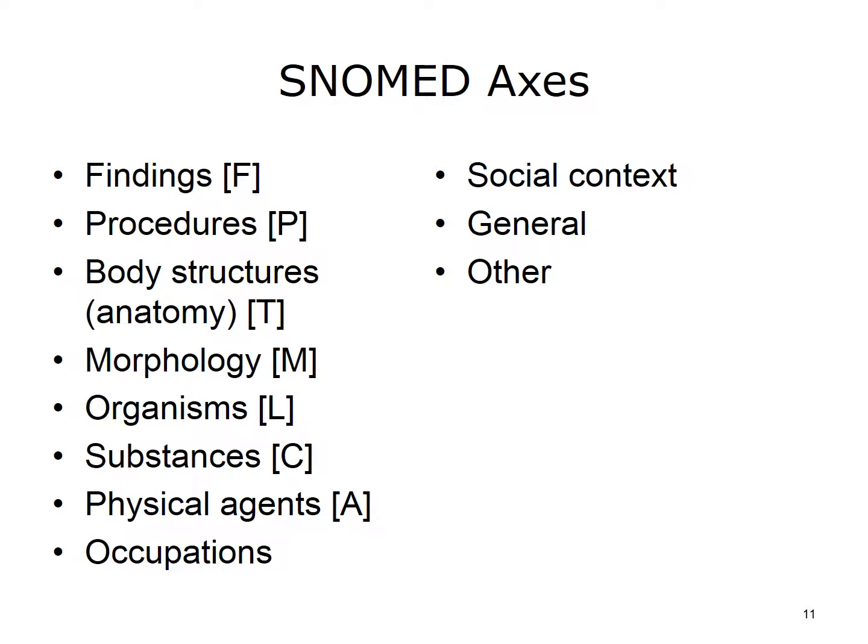These axes provide the vectors for the semantic network, so a composite code can be represented by 0 or multiple codes across all of these axes. SNOMED can be very specific and detailed. Again, queries may be a problem with this structure.